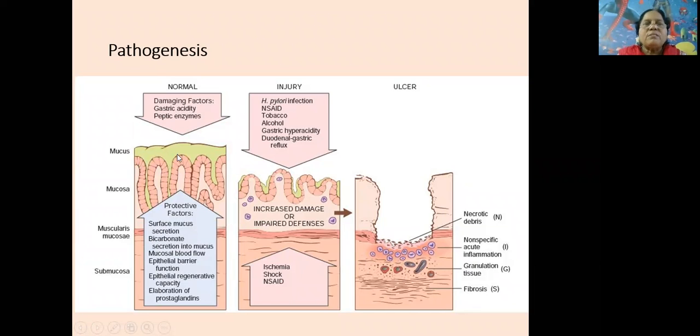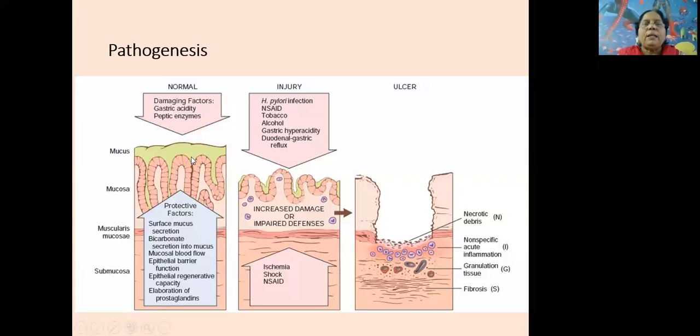That forms a barrier between the food products or whatever we consume and the mucosal cells, so that the mucosa is not destroyed. Second is bicarbonate secretion that gets into the mucus, and an important factor is mucosal blood flow. The blood oxygen and nutrient supply through the mucosal vasculature is very important.